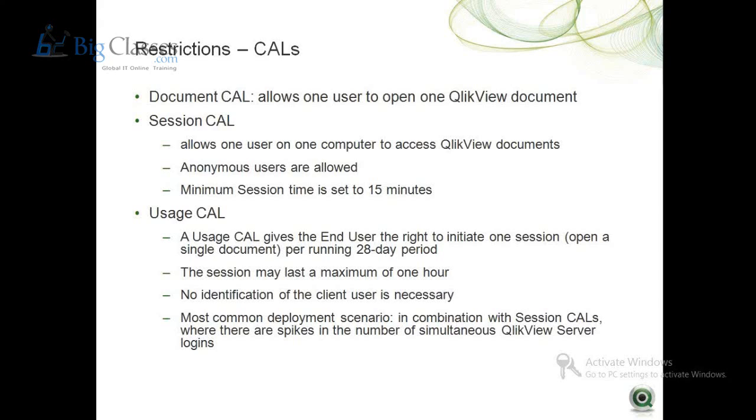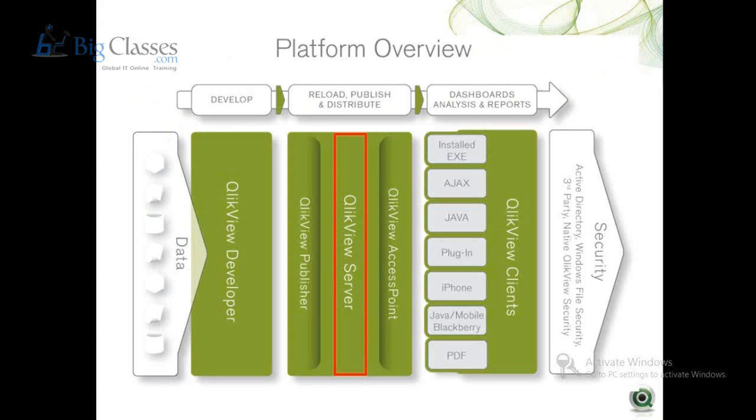And the usage CAL gives the end user a 28 day period of license. So 28 days I'll be able to use this particular license. And normally in larger organizations, they give this particular usage CAL to third parties for their testing purposes.